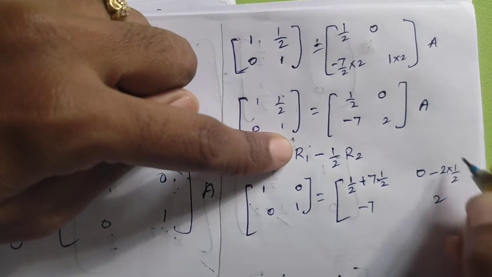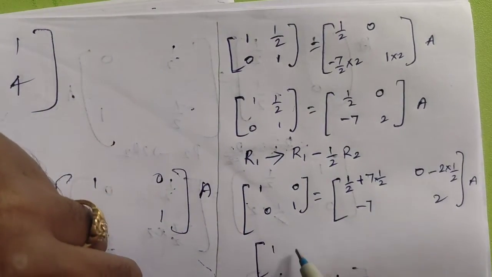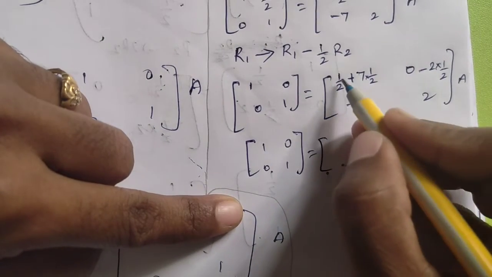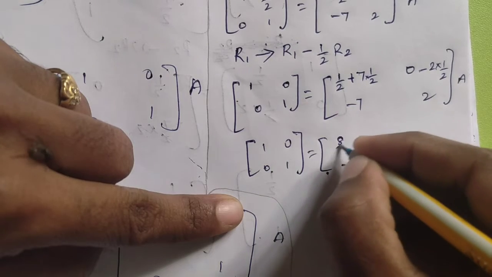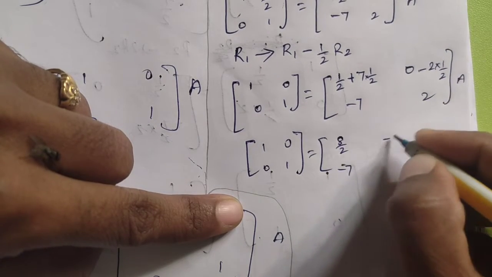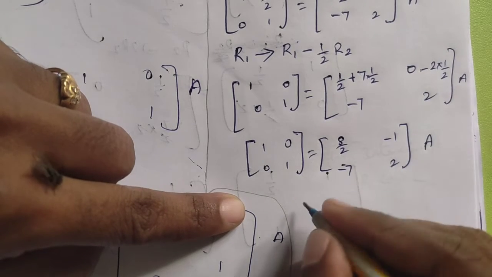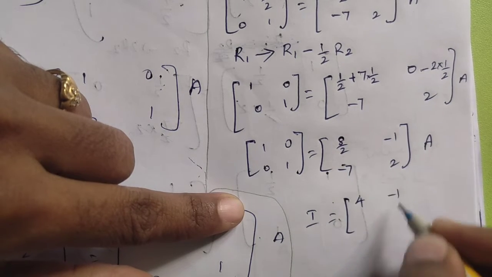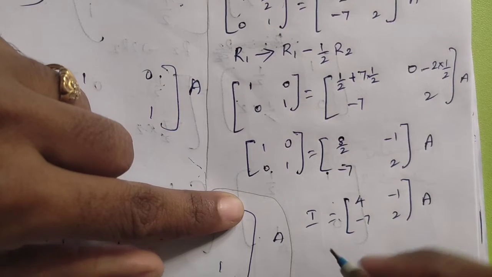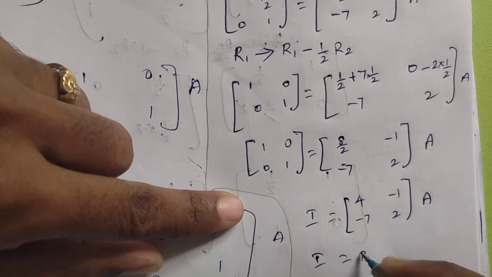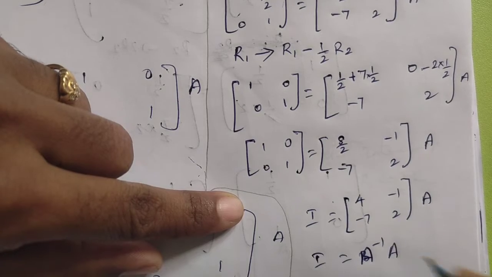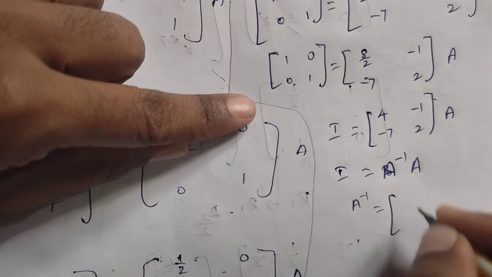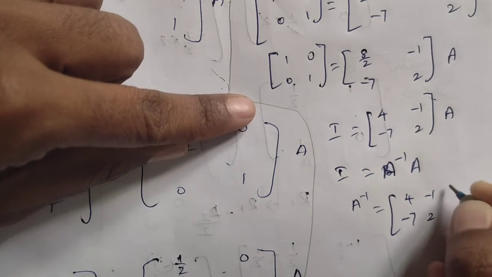R2 will be as it is into A. So here 1 0 0 1 equal to 1 by 2 plus 7 by 2, that is 8 by 2, minus 7, minus 1, 2 into A. So this is our I matrix, and here our matrix is 4 minus 1 minus 7 2 into A. It looks like I is equal to A inverse A. This is our A inverse matrix, 4 minus 1 minus 7 2.